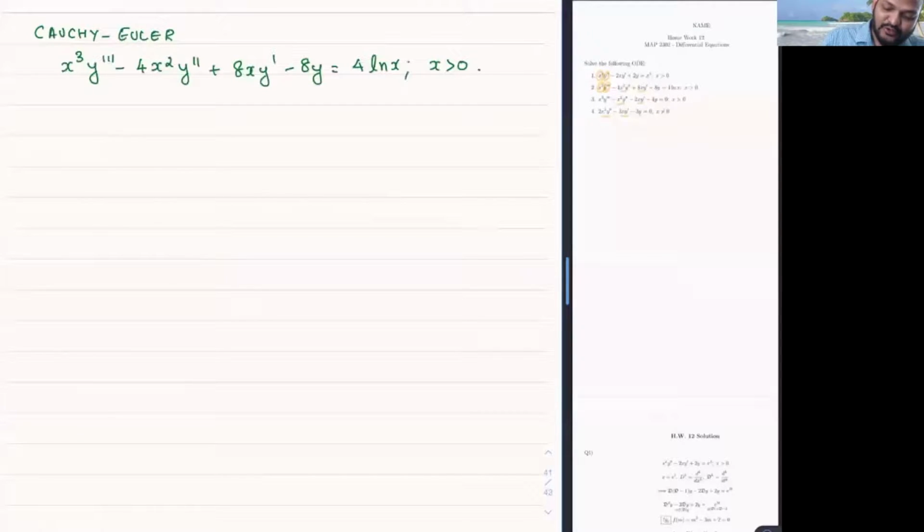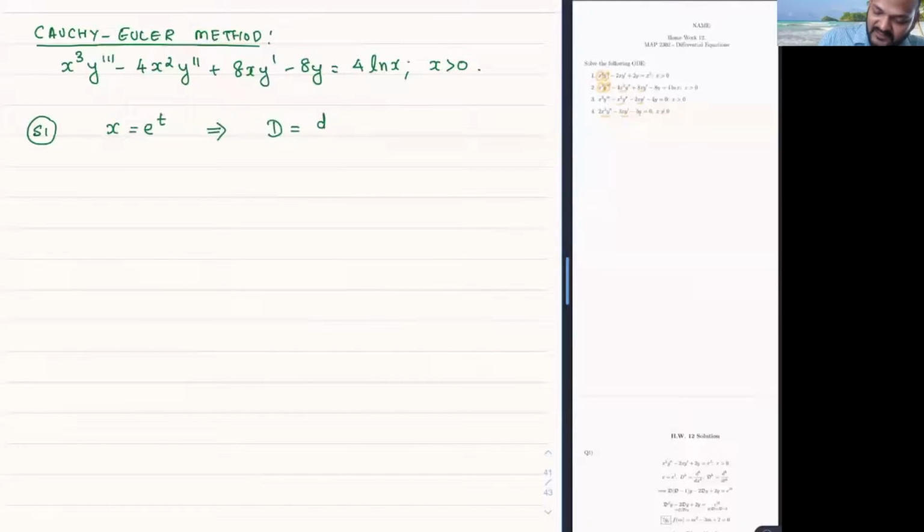Right, I'm going to use the Cauchy Euler method, which is basically doing a transformation. Step one is to do the transformation, that is x equals e to the t. When I do x equals e to the t, as I've shown earlier, by the way, whenever I use the d, it is the derivative with respect to x, right?